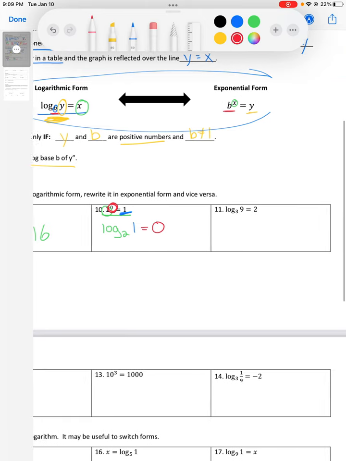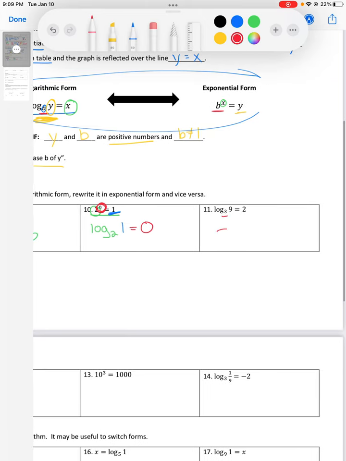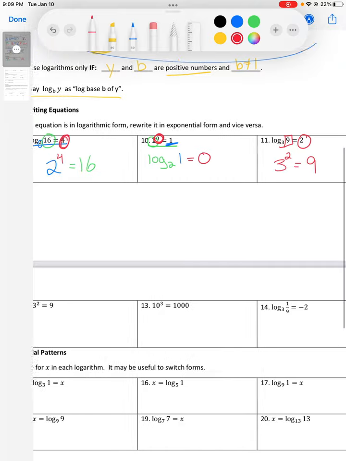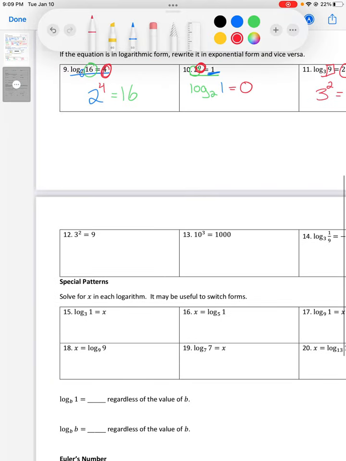Okay, coming back here. So the base of the logarithm is the base of our exponent. What the log equals is our exponent, and what we're taking the log of is what it equals. So 3 squared does equal 9. The equations should make sense. Okay, let's go down here. So log base 3, right? The base of the exponent is the base of our log.